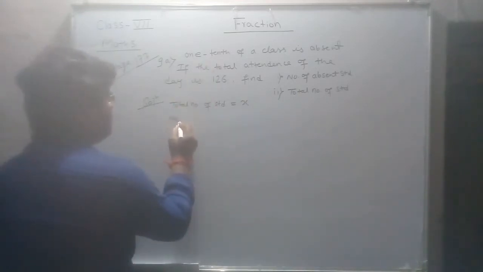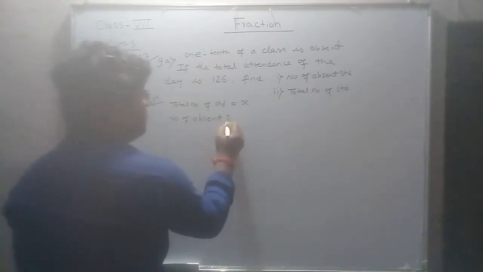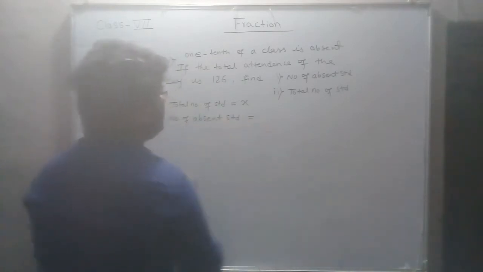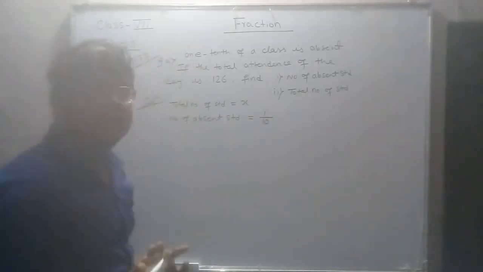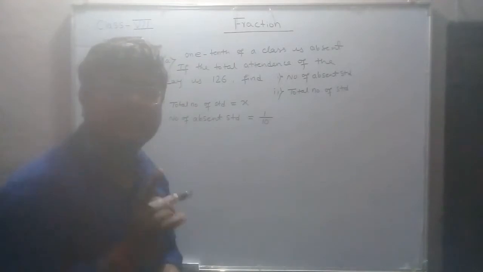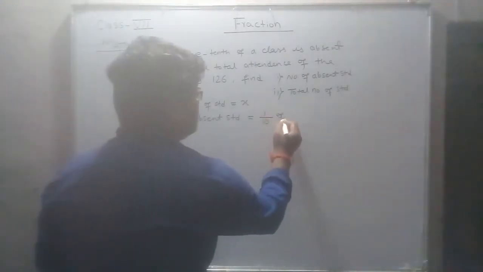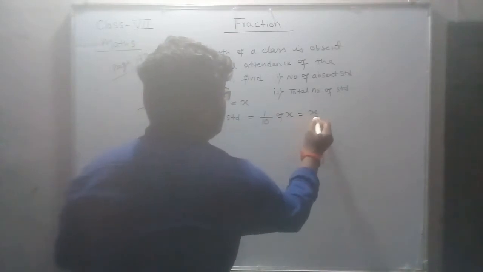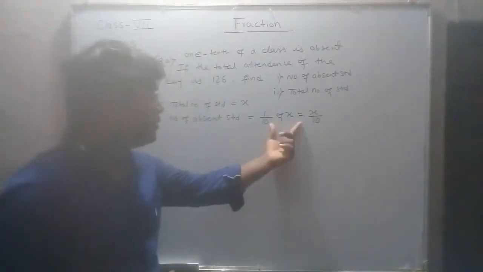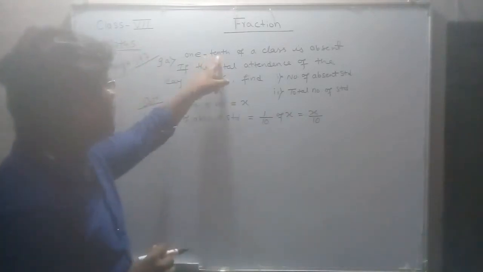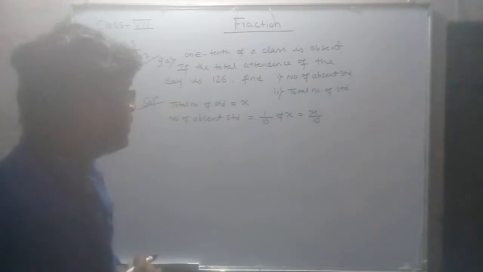The number of absent students is 1/10 of the total students, so you get x upon 10. I hope you have understood this. 1/10 means 1/10 of x, that is x upon 10.